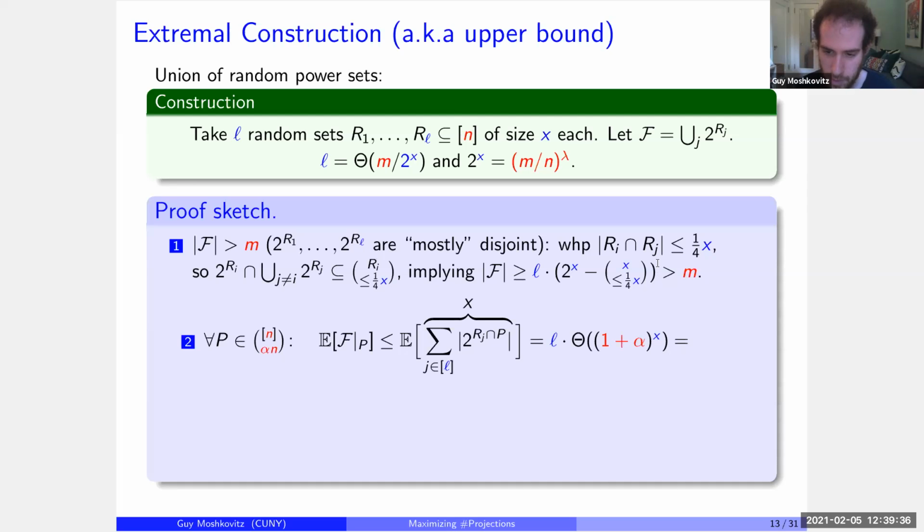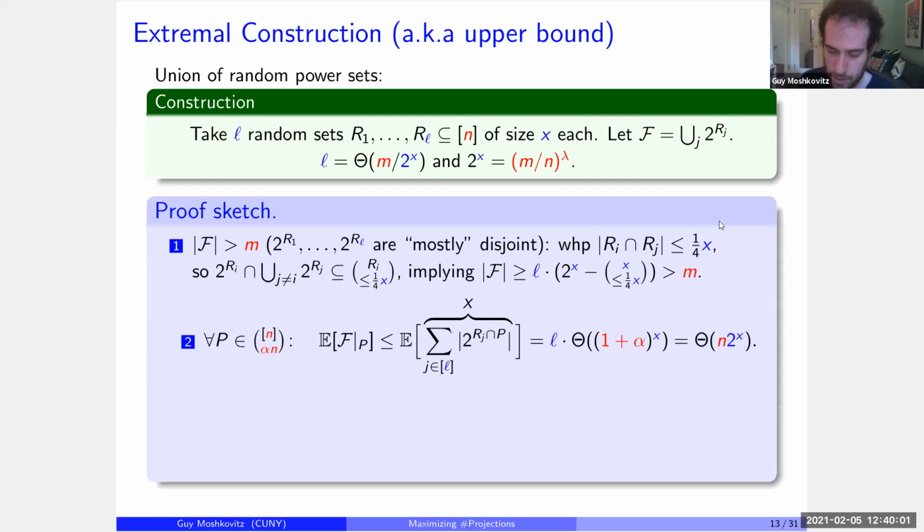And now comes some algebra magic. If you just play around with our choice of parameters and recall the definition of the magical constant lambda, then after a minute of manipulation, you will get this identity: L times (1 plus alpha) to the x is equal to n times 2 to the x.